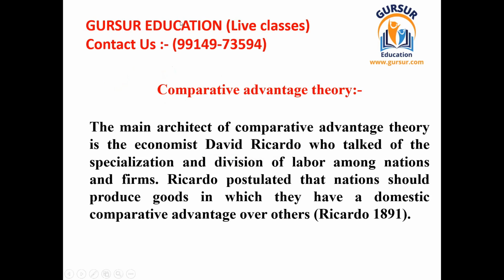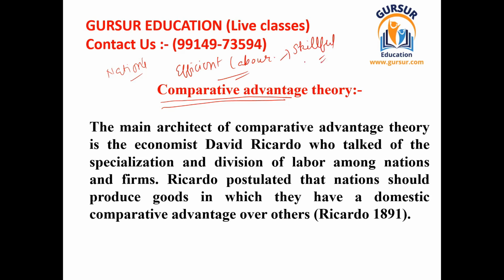Okay, so this particular theory says that different nations can have their comparative advantage over others, and that can be due to their efficient labor. In some countries there is labor in abundance, which is skillful labor. So this theory is simply saying that if you have comparative advantage as far as the skill of your human resources is concerned, then you have to take full advantage of that skill.